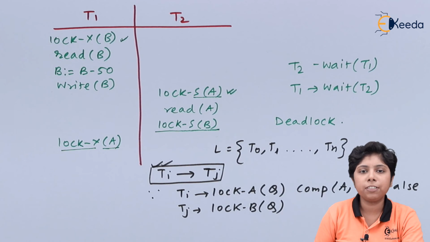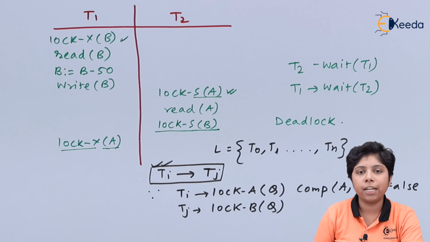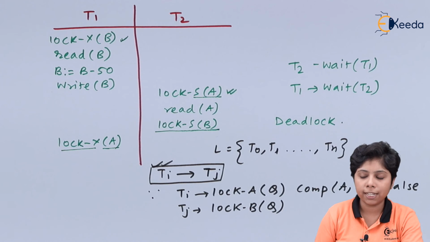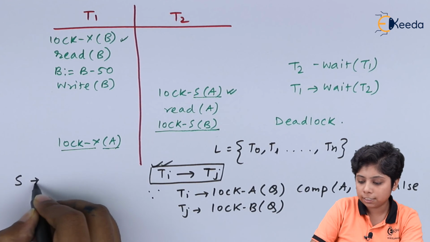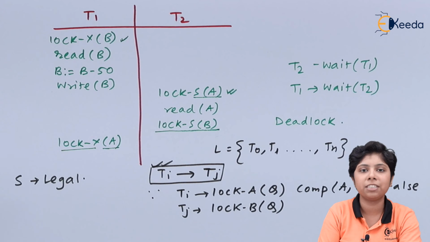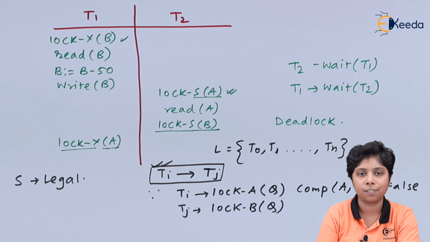Now, if Ti precedes Tj, then we must guarantee that in all the schedules we follow, Ti appears before Tj. So we say that a schedule is legal if there is no transaction where Tj appears before Ti, and we can say that the locking protocol has been maintained in both of these transactions.